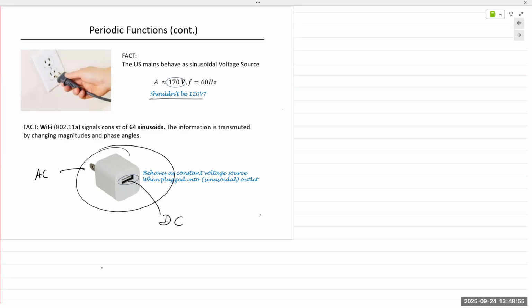The reason we do it AC is because it's very easy to transmit AC over long distances versus DC.